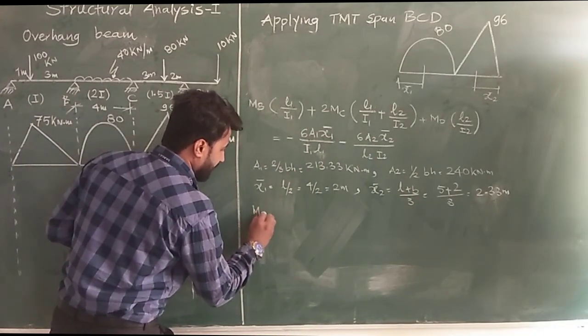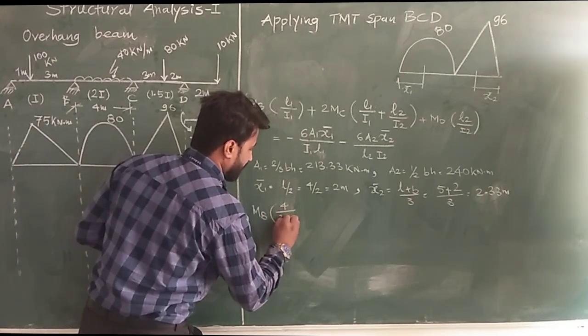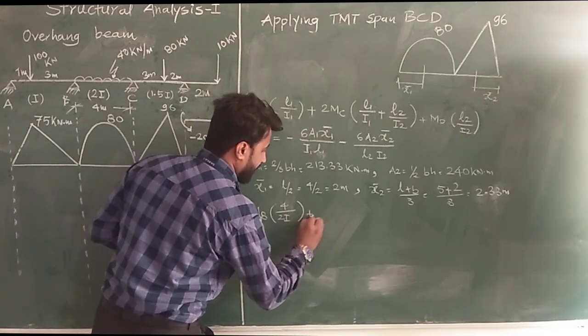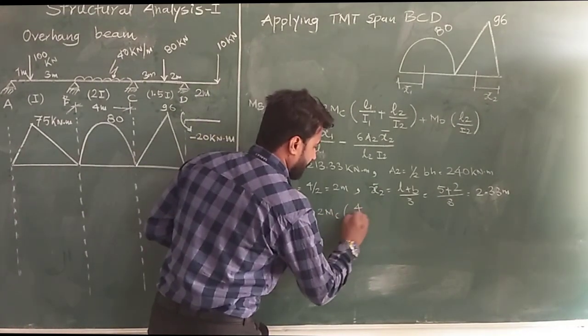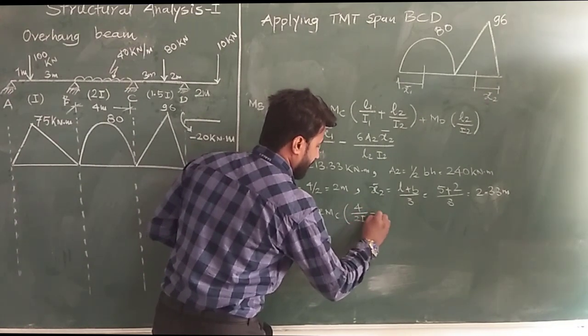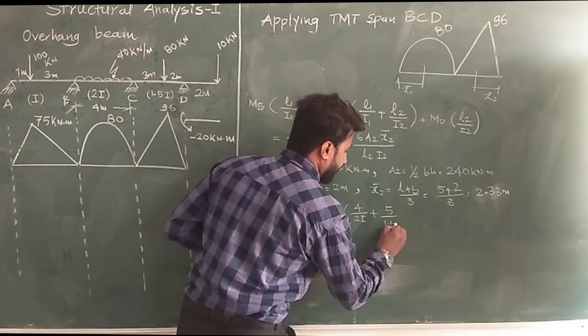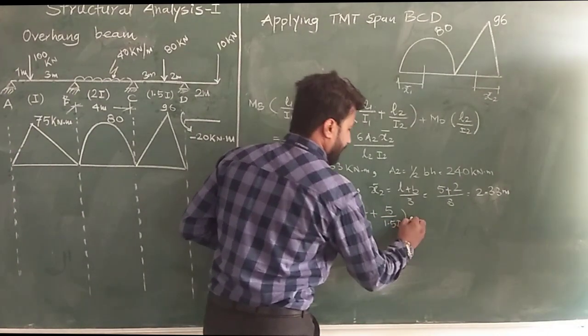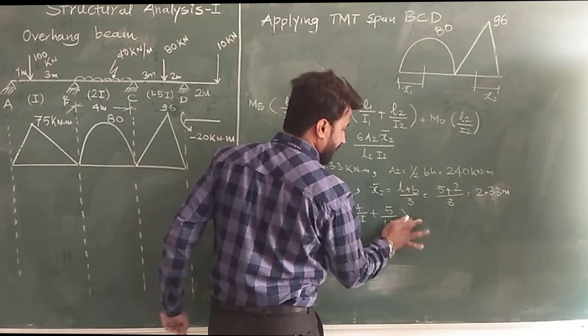So MB into L1, which is 4, divided by 2I, plus twice MC, L1 is 4 divided by 2I, plus 5 divided by 1.5I, plus MD. MD is minus 20, so this plus sign will not be there.